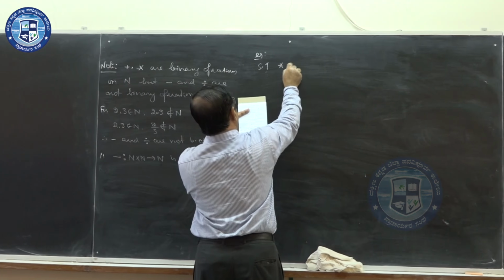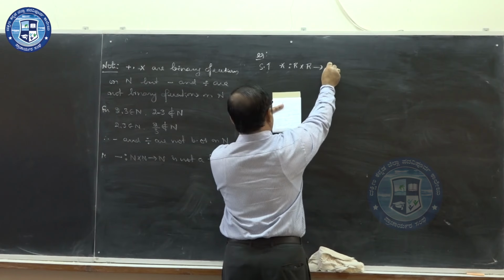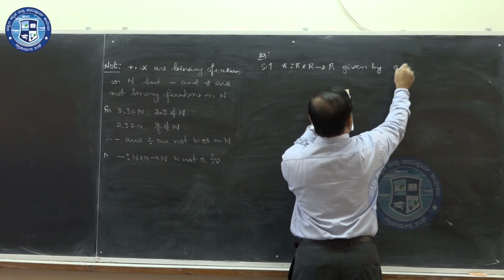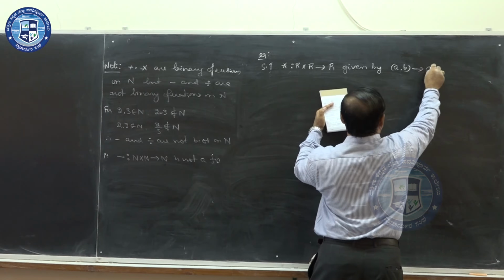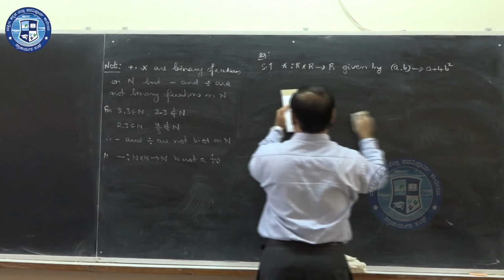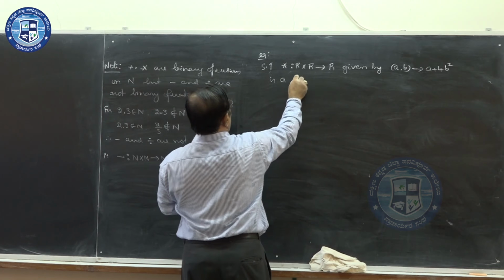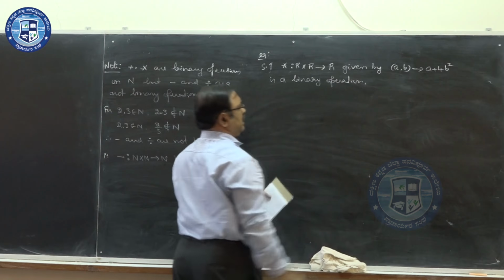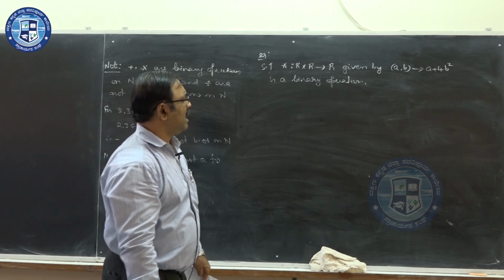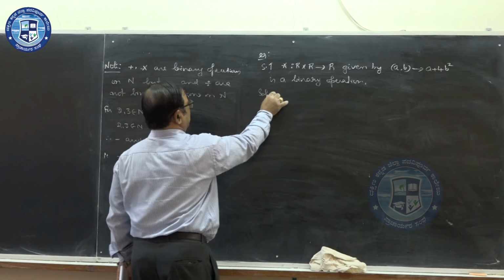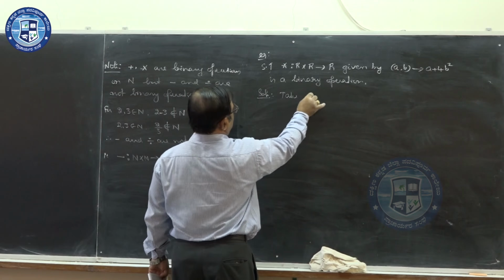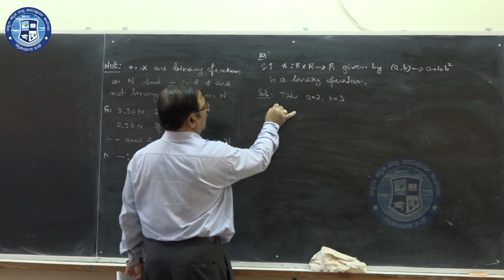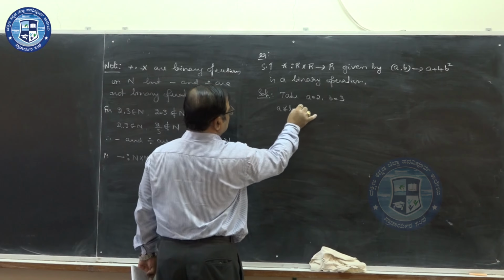Show that star from R cross R to R given by A comma B to A plus 4B square is a binary operation. I'll just illustrate this with the help of an example. Take A equal to 2, B equal to 3. Now, what is A star B?